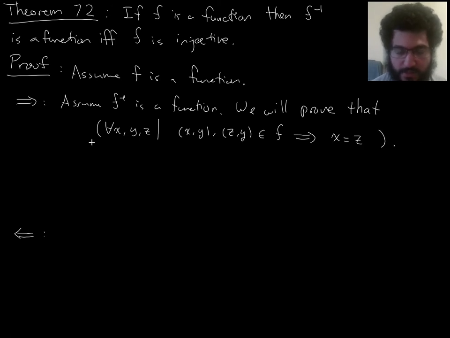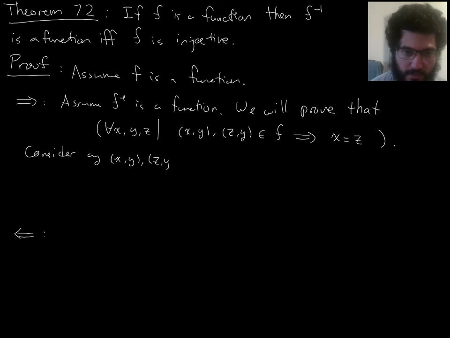So I'm proving this universal, so I'll do universal generalization. Consider any situation where you have this holding. Now, can I prove that x equals z? Well, what do I know? I know that f reverse is a function, right?